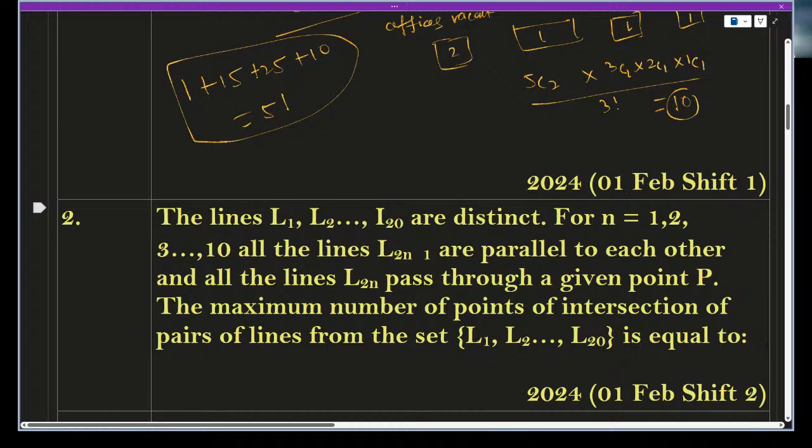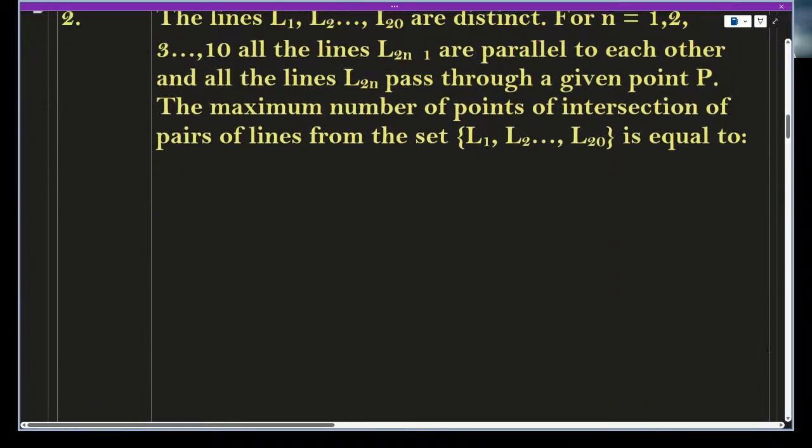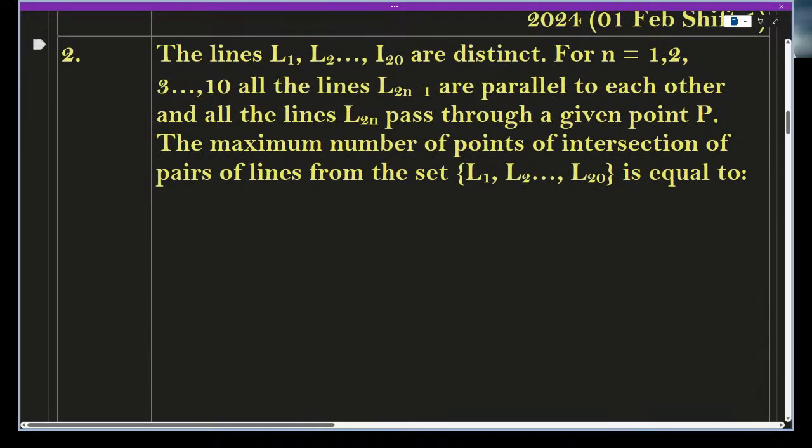Just read the sum. The lines L1, L2, up to L20 are all distinct.